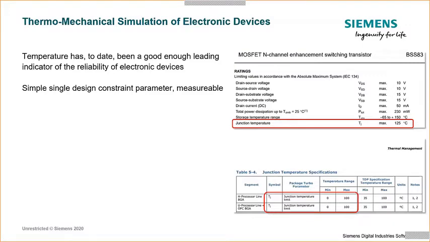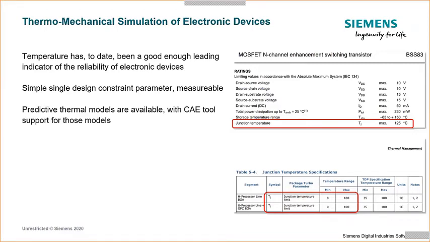It's a simple single design constraint parameter, and it's measurable. You'll find maximum rated junction or case temperature values on all data sheets for packaged semiconductor devices. And predictive thermal models are available of such devices, commonly compact thermal models, with CAE tool support to enable these models to be imported and simulated so as to predict junction or case temperature.